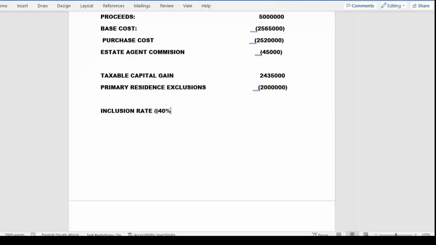How much is 435,000 multiplied by 40%? Let me just find my calculator quickly. 435,000 multiplied by 40% is 174,000 rands.